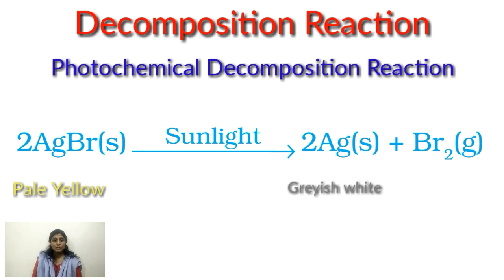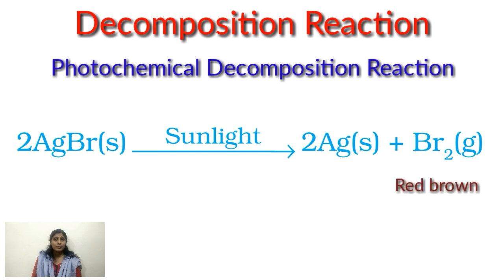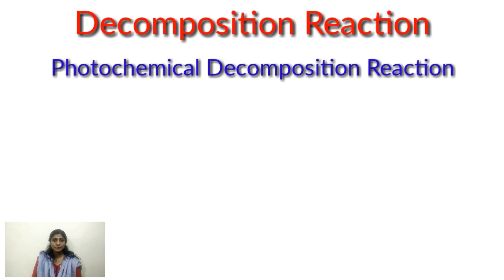And you can also observe a reddish brown color of bromine gas. These two examples, silver chloride converted to silver and chlorine, and the second one silver bromide converted to silver and bromine, are used in black and white photography.